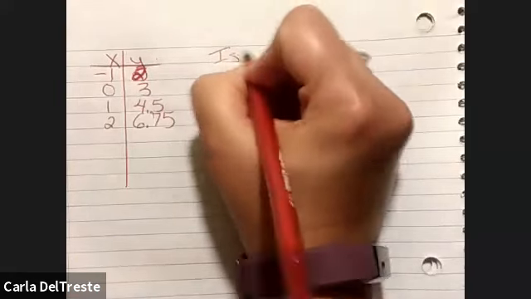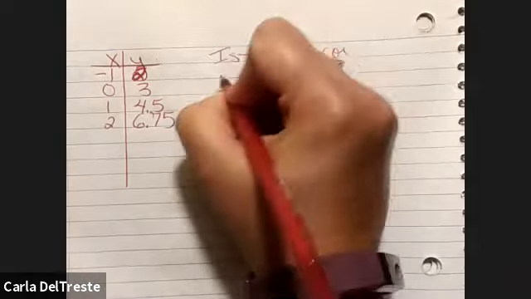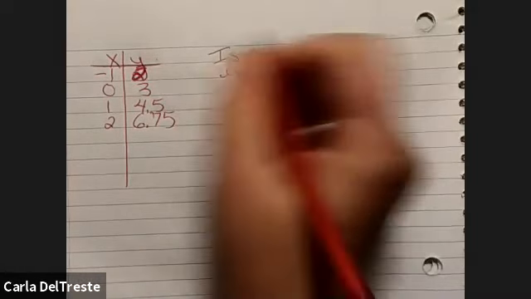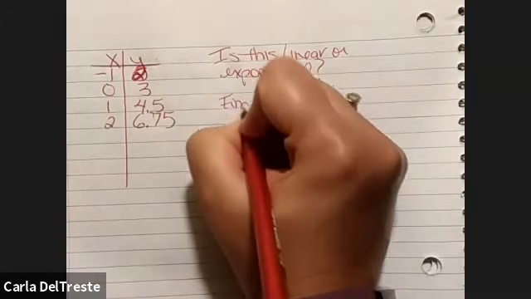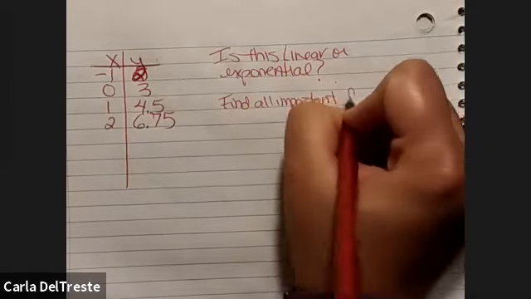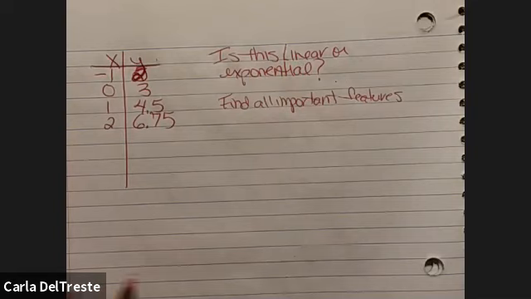And we want to know, is this linear or exponential? And then not only that, find all important features. So once we decide, then we want to go and answer the rest.